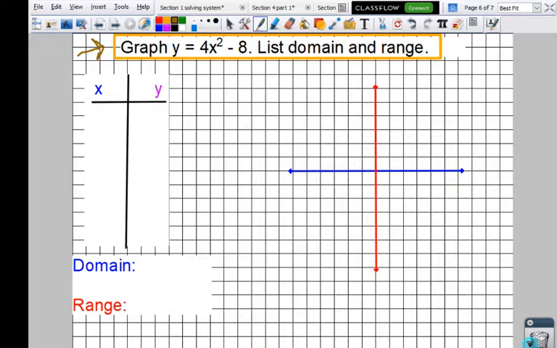Wait, I'll show you. Can we go by 4s? What's your biggest one? 28. You can go by 4s.